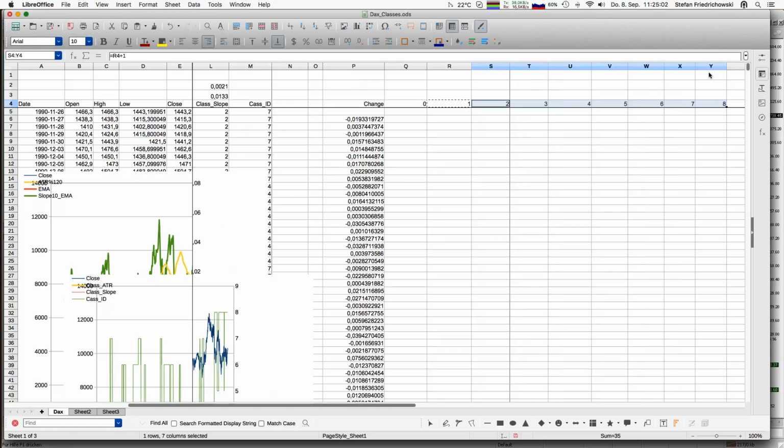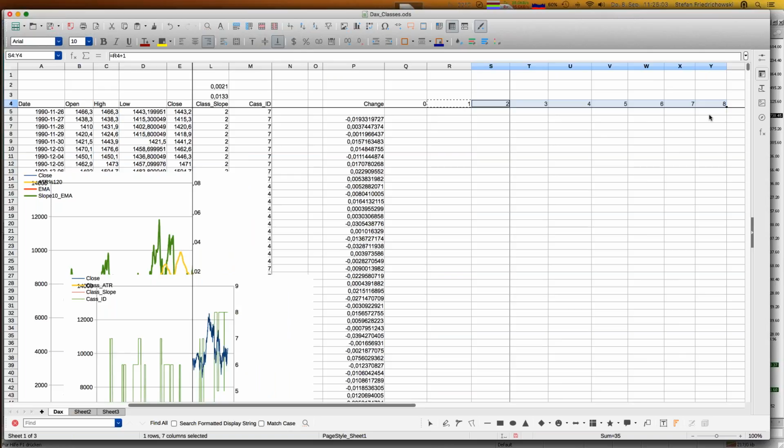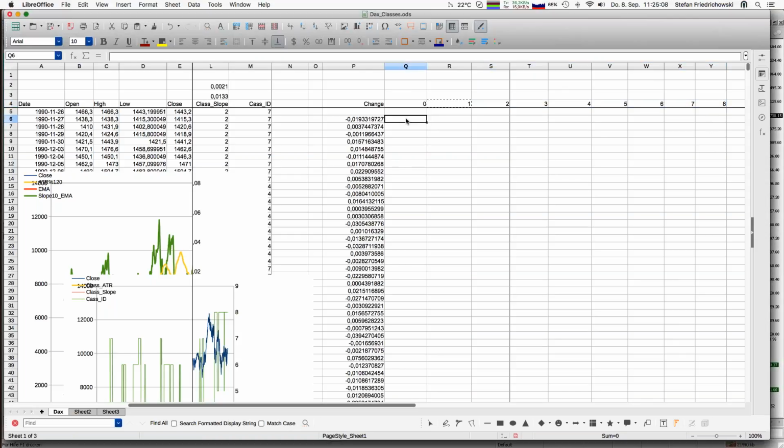Then we can simply compare the specific results, or at least identify the results for a given class. And that means we want an if condition in order to know, hey, are we in the right class?